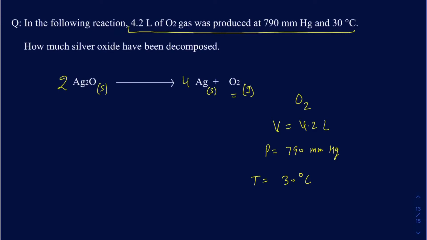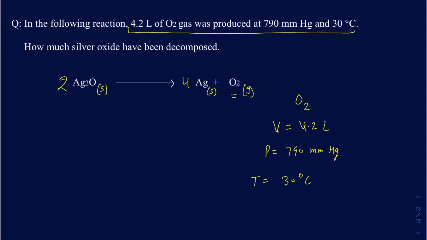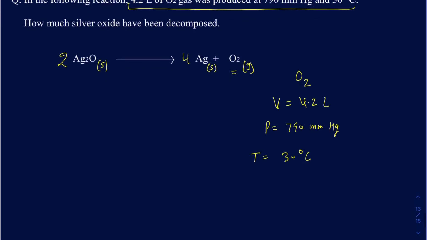Well, I know the volume, I know the pressure, and I know the temperature, so I should be able to use this PV equals nRT equation. That will find you the moles, so it's going to be PV over RT.